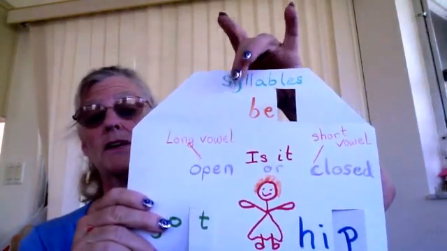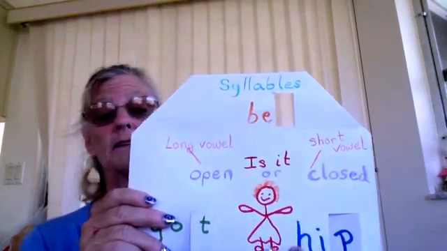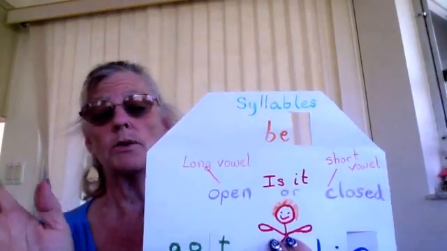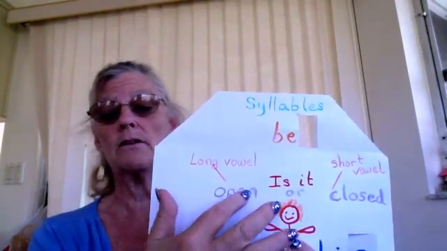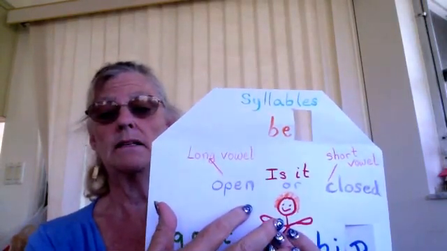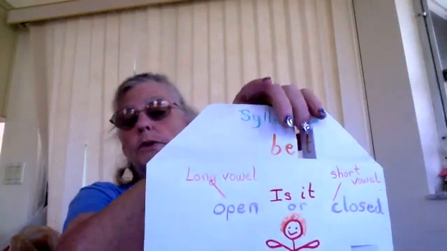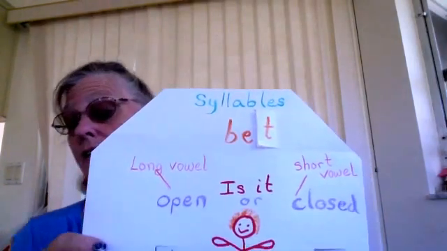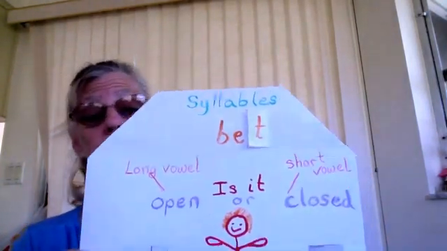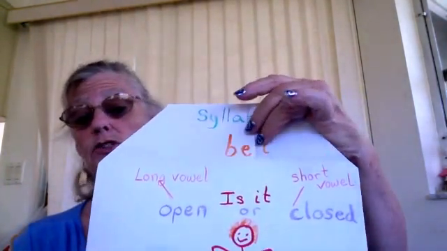And the one up here at the top, we have B, which is open, and therefore we have the long vowel sound, E. If we close the door on the E with a T, it's now bet, and it has a short vowel sound.